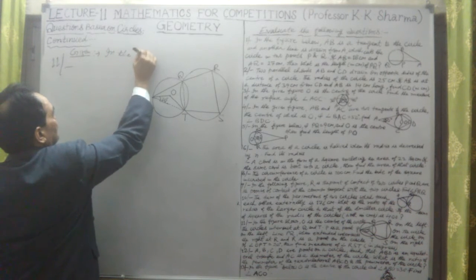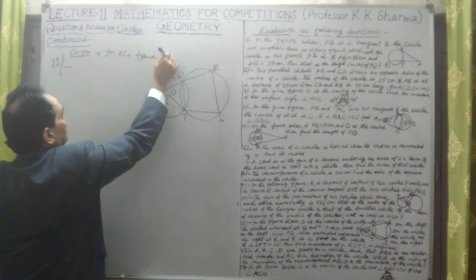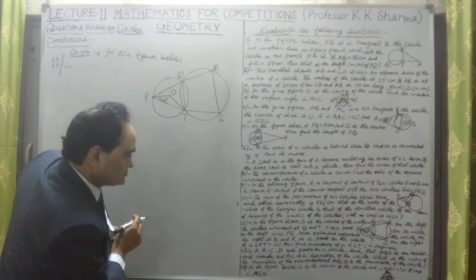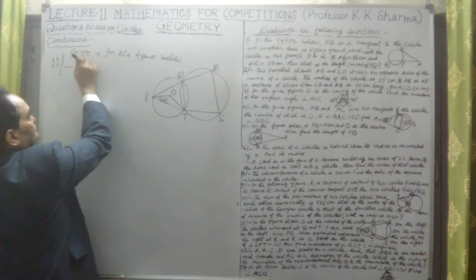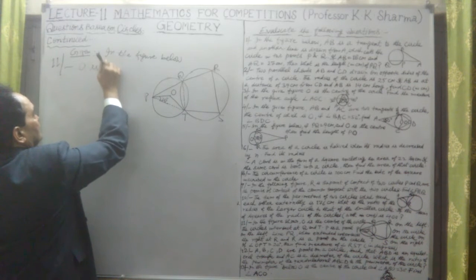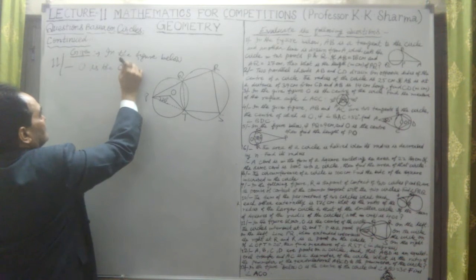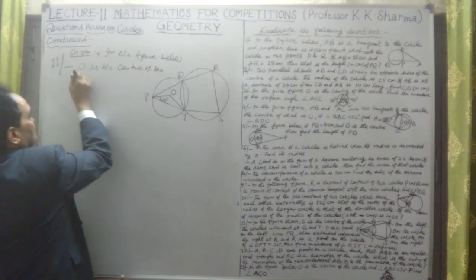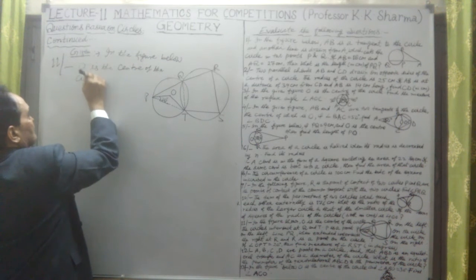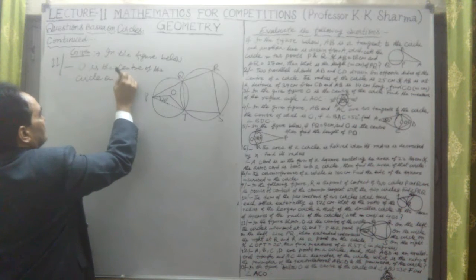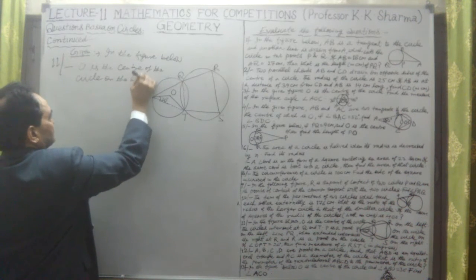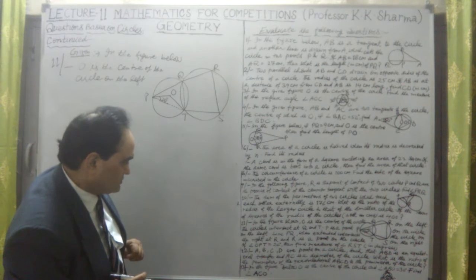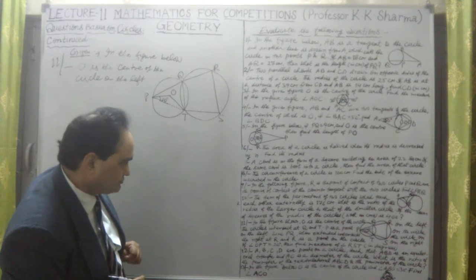In the figure below shown here, O is the center of the circle on the left. This is O, center of the circle on the left.